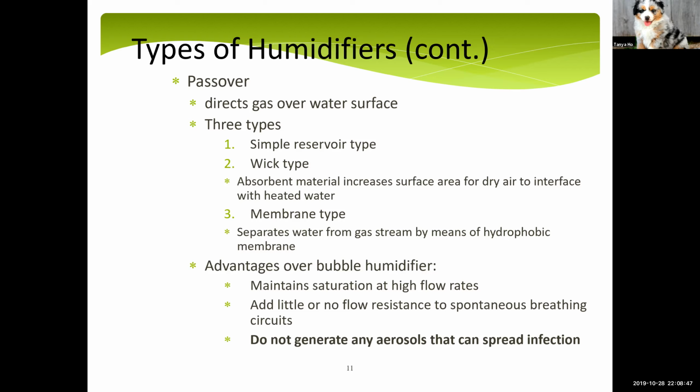It's not really a candlestick, but it's essentially a type of sponge, looks like a little sponge. The wick goes down into water, and because it's a spongy type of material, it sucks up the water. So the wick itself is moist, and as the gas flows over the wick, it picks up moisture that way. And then finally the membrane type, which I haven't really seen, to be frank.